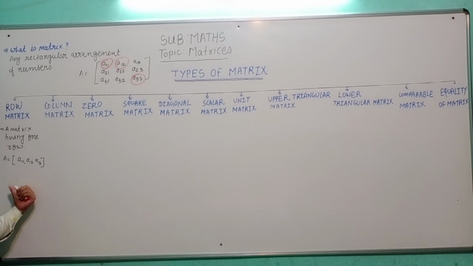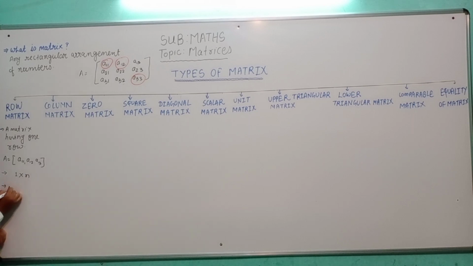Students, this is an example of a row matrix because there is only one row, with 1, 2, 3 columns. Generally, the dimension of a row matrix is 1 cross n. 1 is the number of rows, and n is the number of columns.